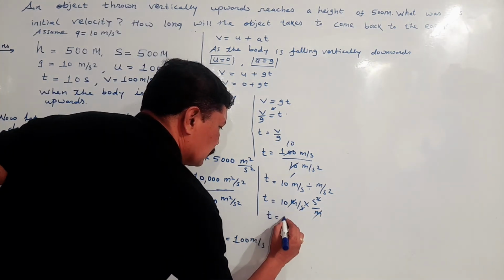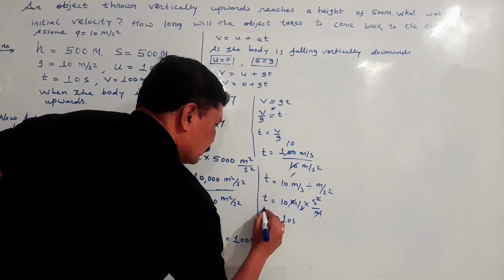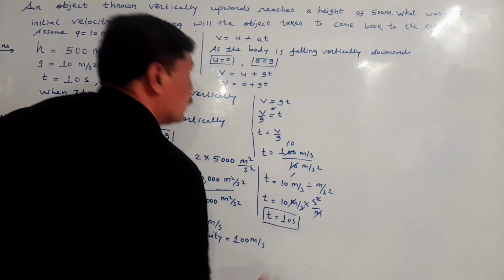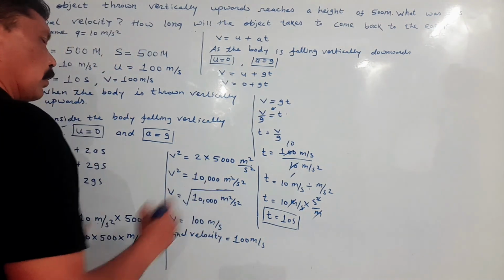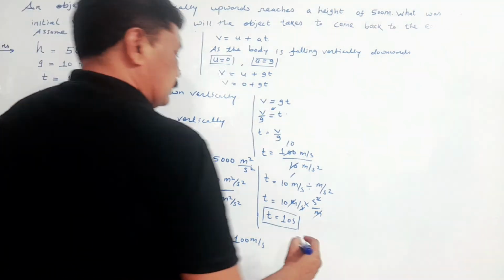So t is equal to 10 second. So my dear student, the time taken by a body falling vertically downward is 10 second.